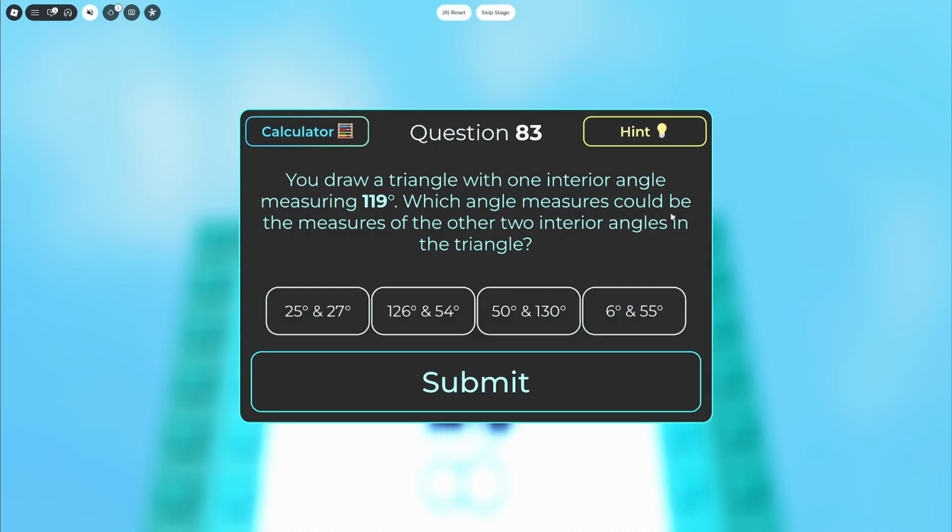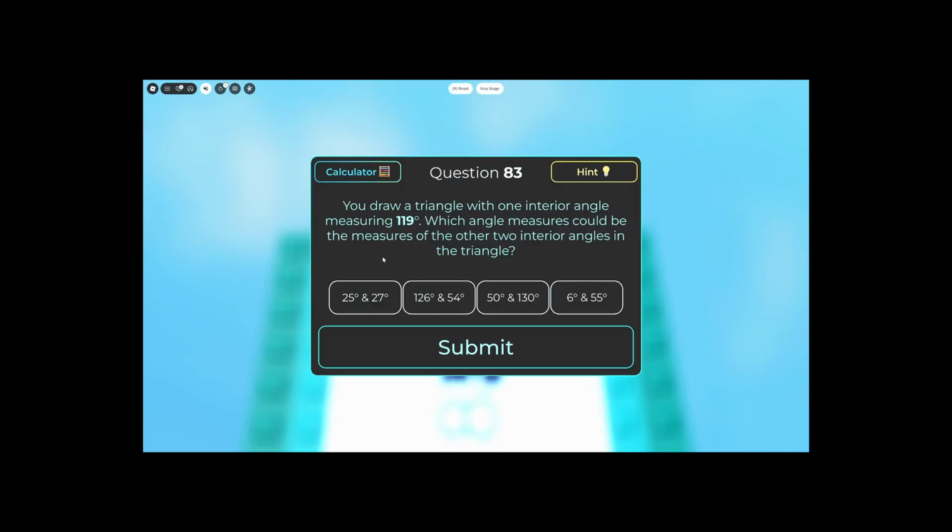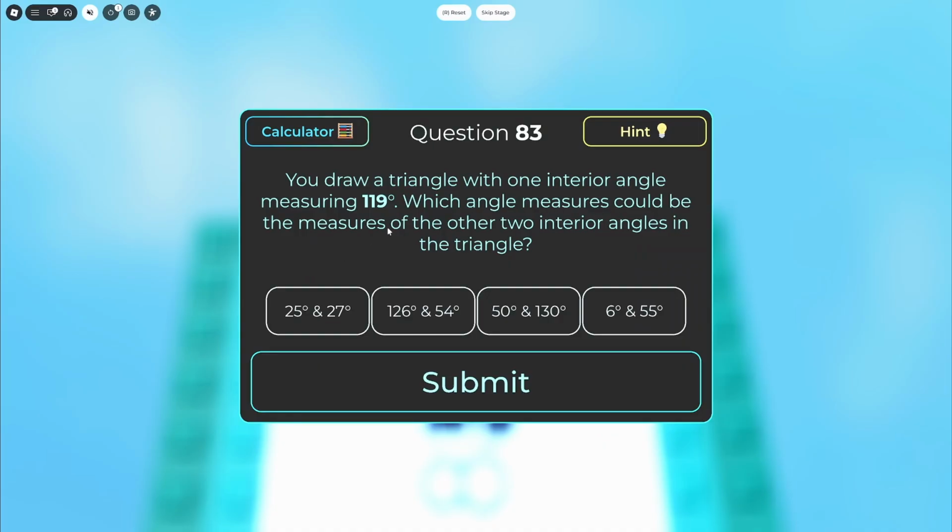You draw a triangle with one interior angle measuring 119. Which angle measures could be the measures of the other two interior angles in the triangle? How we have to do this one is basically 180 minus 119, which gives us 61. And then we gotta figure out which answers would give us 61 out of these ones below here.